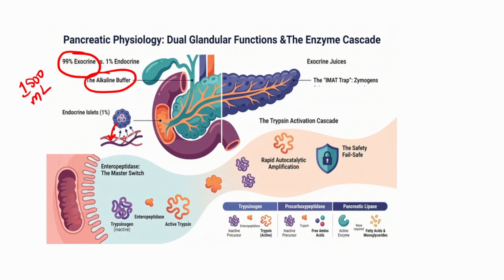And if we look closely inside the endocrine islets, we will see the alpha cells secrete glucagon to raise blood glucose, and the beta cells secrete insulin to lower blood glucose. And the delta cell secretes somatostatin to inhibit both insulin and glucagon, which are secreted by beta and alpha cells.